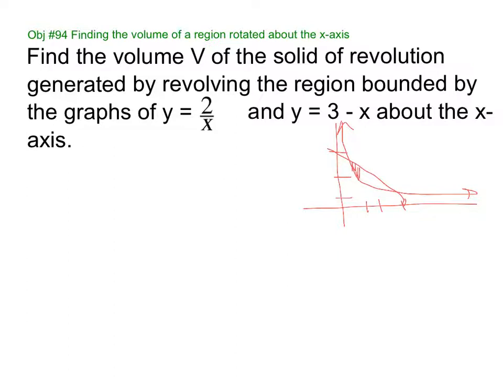So this is our region, okay? So it's not actually touching the x-axis. So what this looks like, and again, the way I draw it is I kind of reflect it over, so it kind of looks like that. So there's my region down below.